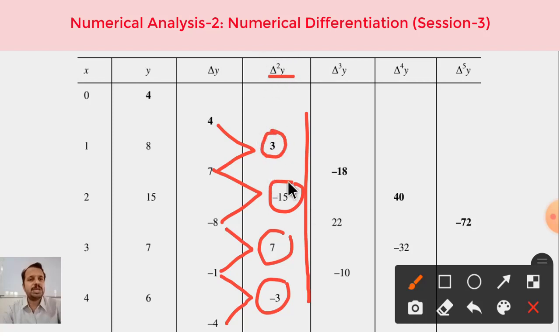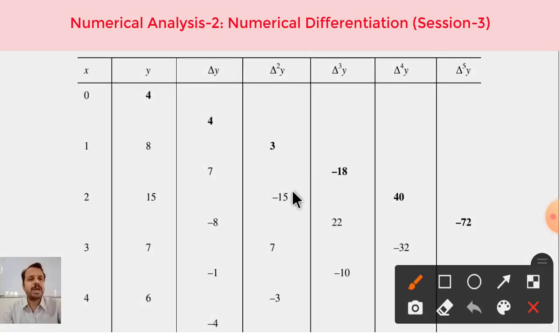So using these second order differences, we can move further to get the third order differences. Again, this minus this is here, this minus this is here, and this minus this is here. And once again, after getting the third order differences, we can proceed to find fourth order differences.